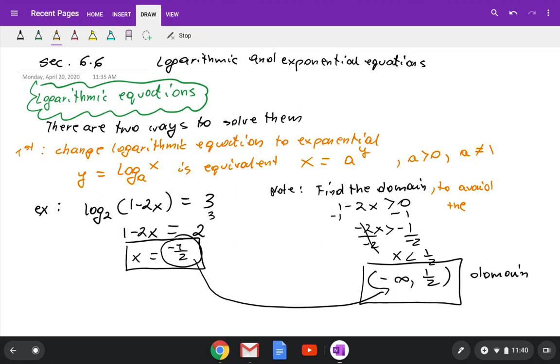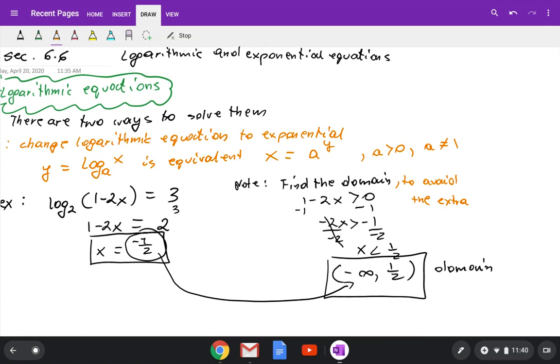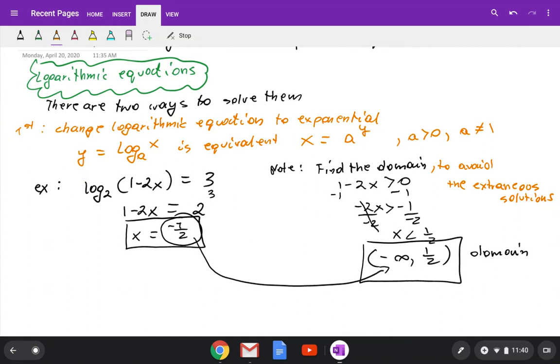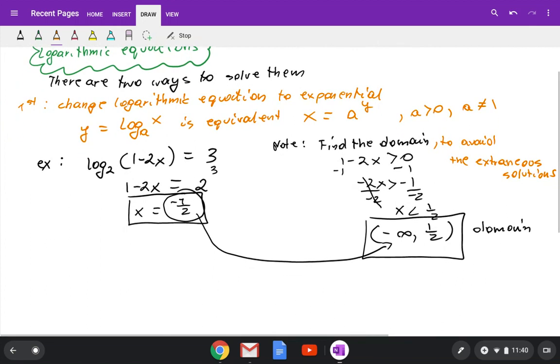Extraneous solutions are the fake solutions. So this is one example of how to change a logarithmic equation to exponential.